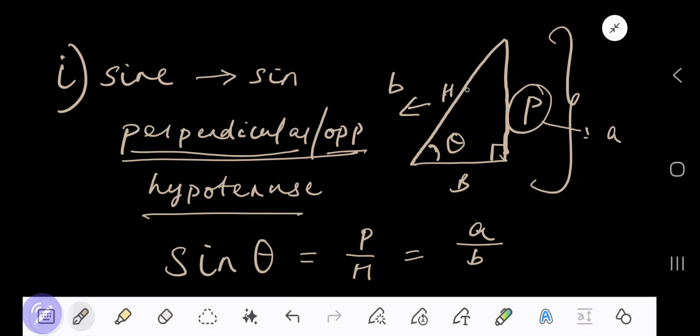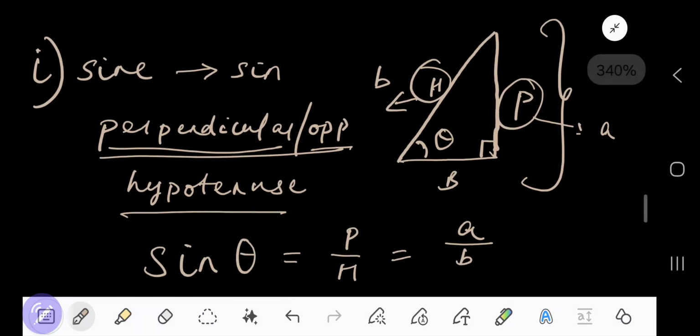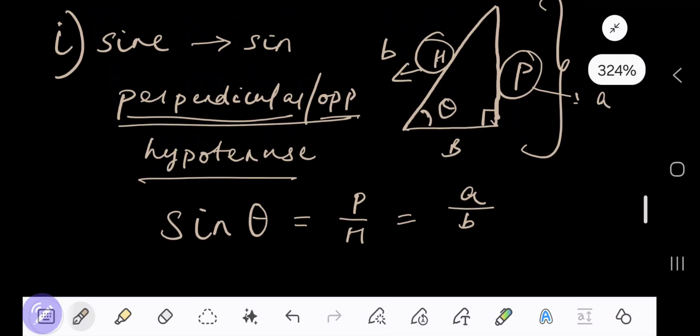Because perpendicular by hypotenuse. But if your theta was here instead of there, then your base, which you see over here, becomes perpendicular.